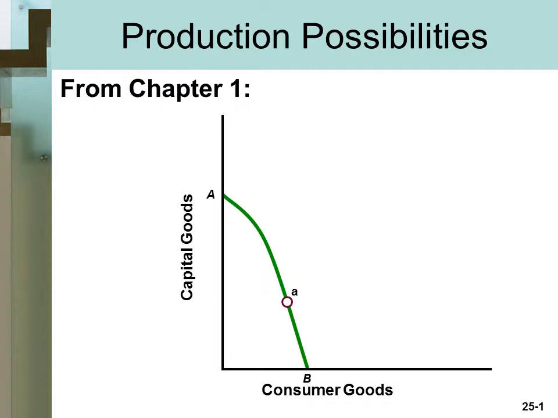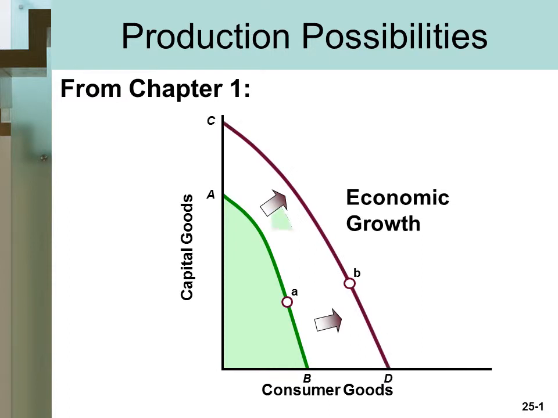So a new methodology, some new computer system, some better way of producing goods and services. And either one of those would shift the curve from our current curve out to our new curve here. So that would be our sources of economic growth.